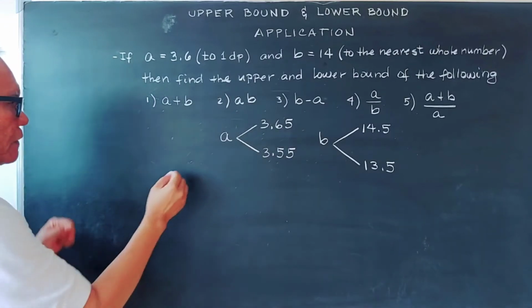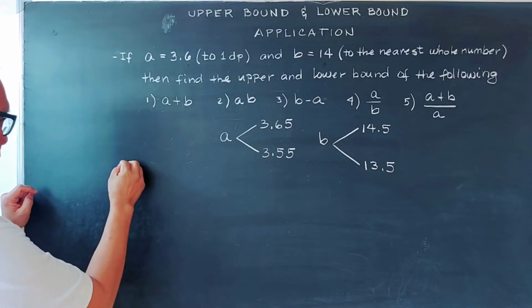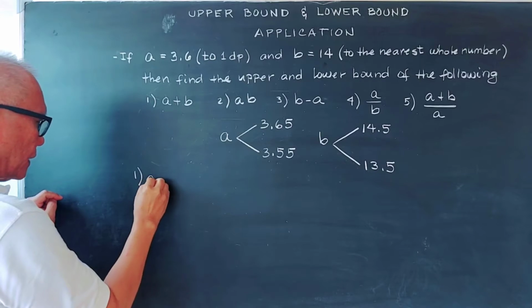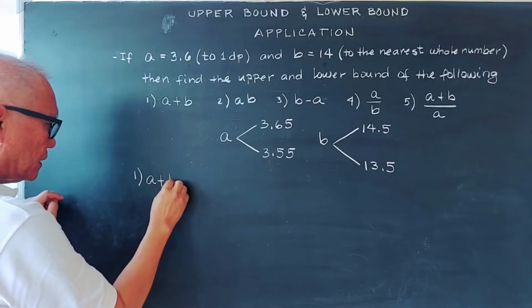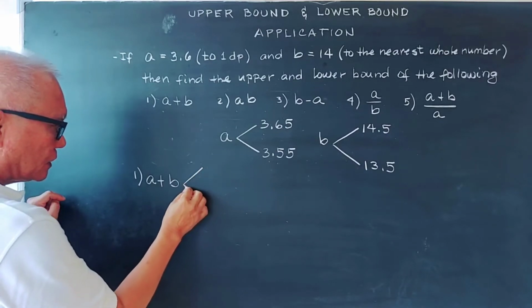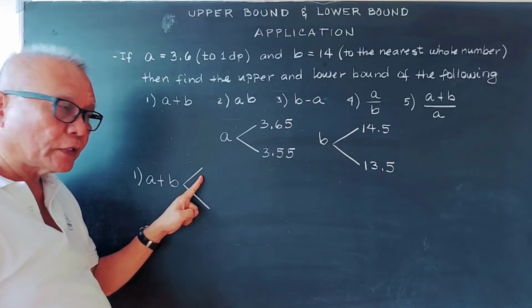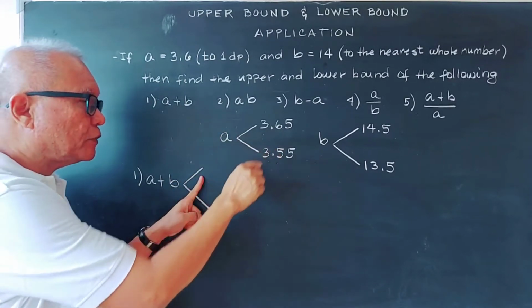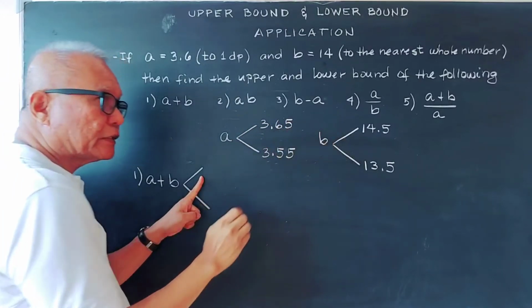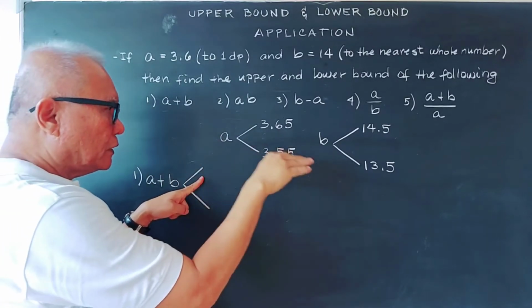Okay, let's have number 1. We have A plus B. Let's have the upper here and the lower here. To get the upper, what do we do if we are going to add A and B? We add both the upper to get the upper. If we want the lower, then we add the lower and the lower.